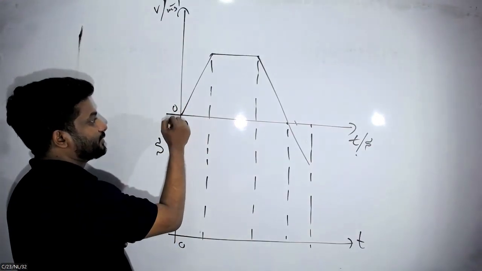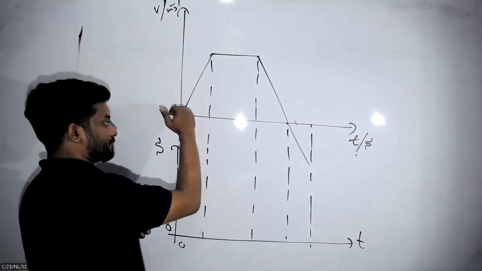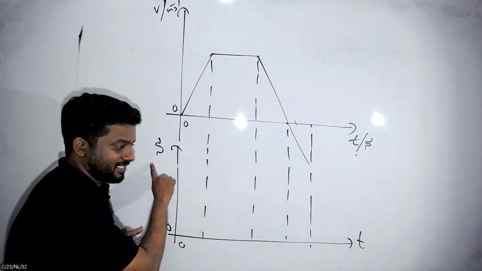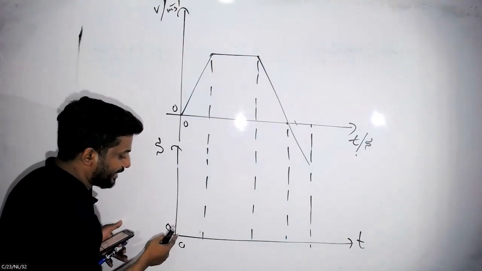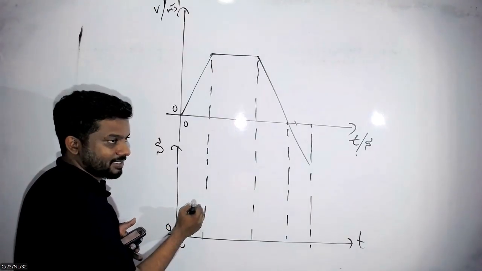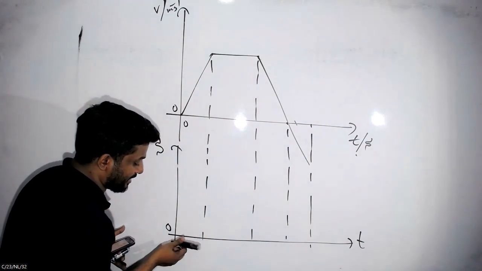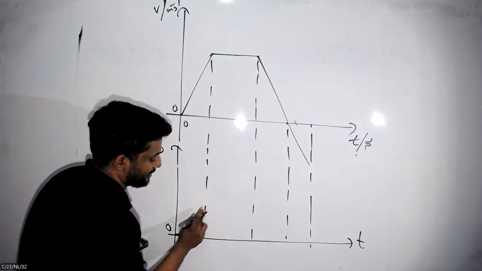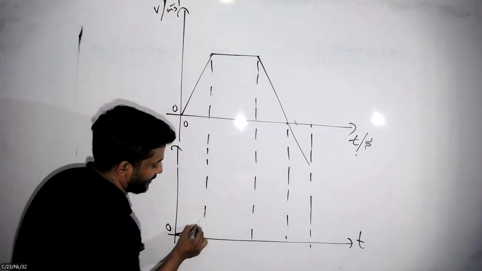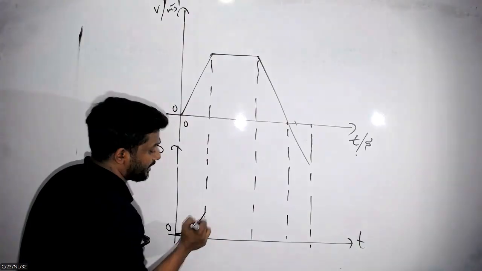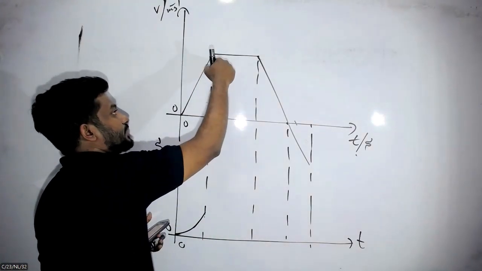Therefore, for the first phase, velocity increases from 0 and uniformly increases. That means the gradient of this displacement time graph should increase from 0 and gradually increase. When the gradient of the ST graph increases, the acute angle should increase. Then in the second phase, you can observe that this object moves with uniform velocity.